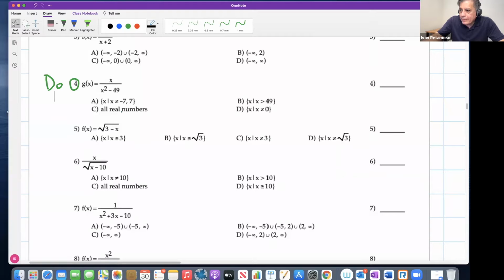Very good. And then we will do another one, which is a little bit challenging. Hint, factor the denominator.